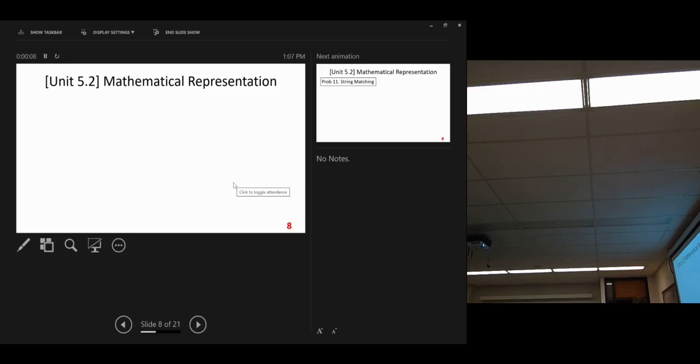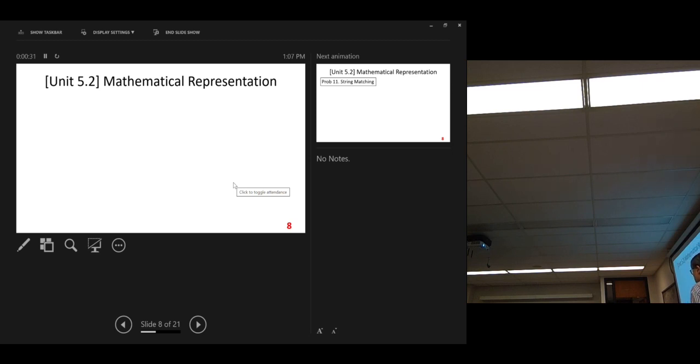I want to emphasize this topic, mathematical representation. This is a very basic problem. So many problems we need to do this mathematical representation.